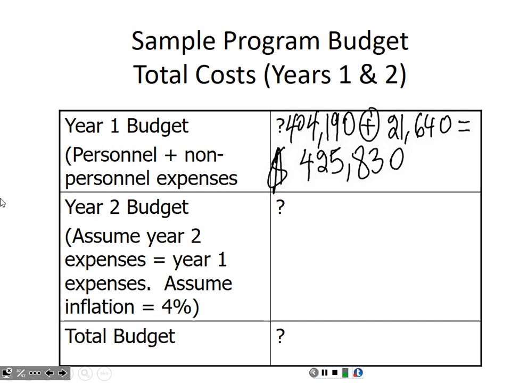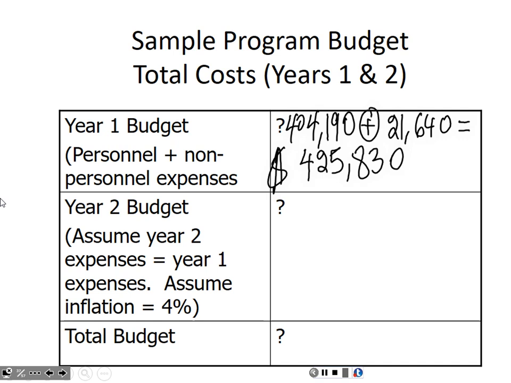To account for inflation, right? Which is the typical increase in the prices of goods and services in our market. Okay? So in recent years, inflation rates in the economy have hovered at around 4%. Okay? So what's our year 2 budget then in this case?